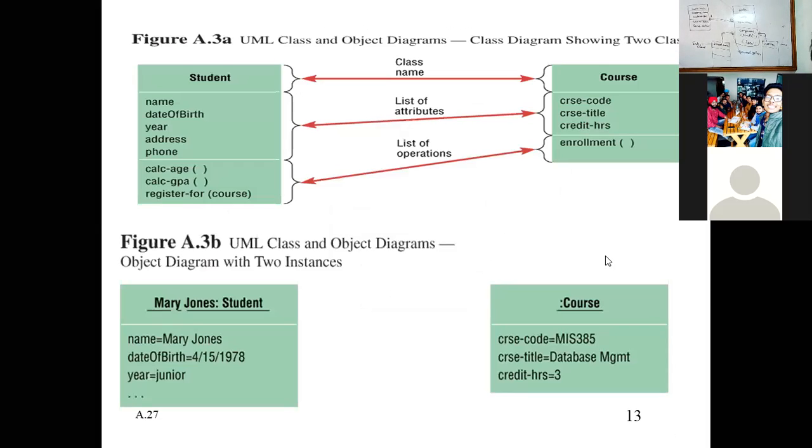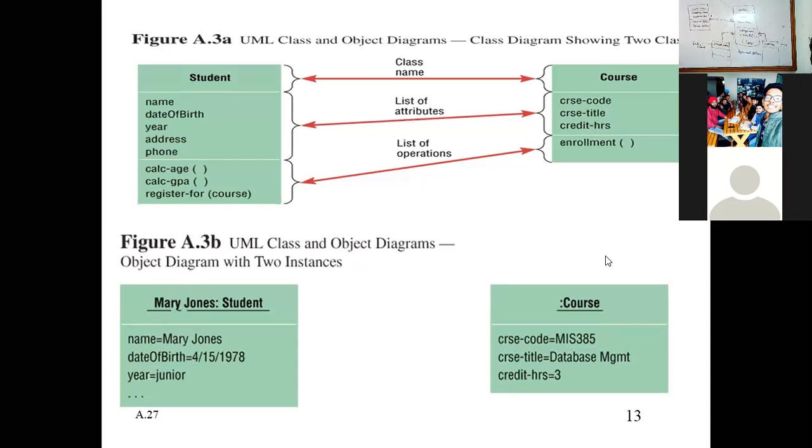This is an example showing a class diagram with two classes and how they are interacting, like in the case of a UML diagram: a student class and a course class. So again, I am showing you another example. The student class has name, date of birth, year, address, phone number, age calculation function, GPA calculation, and registration for course.